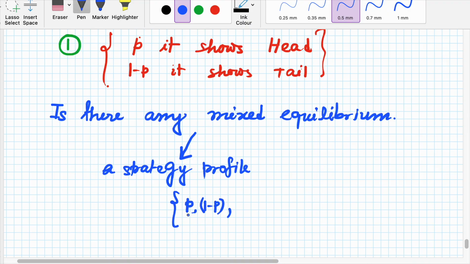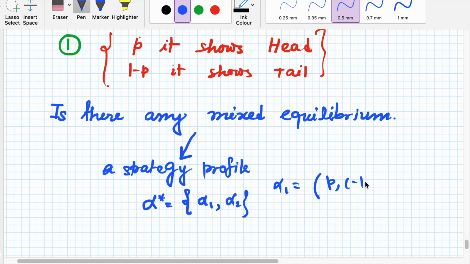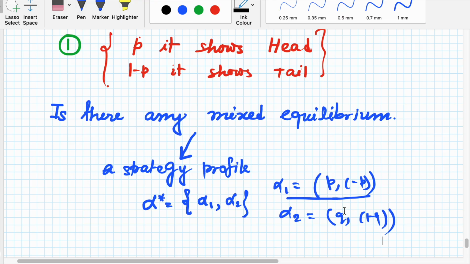So I am talking about a strategy profile alpha star equal to alpha 1 for player 1 and alpha 2 for player 2, where alpha 1 is a vector (p, 1 minus p), which denotes the probability distribution of player 1 over his actions, and alpha 2 is again, suppose, (q, 1 minus q), which represents the probability distribution over player 2's actions. So is there any mixed equilibrium?